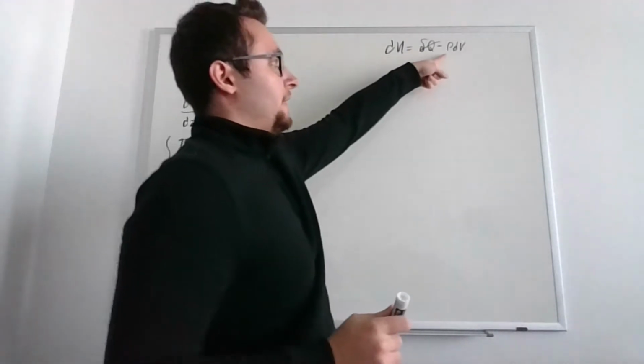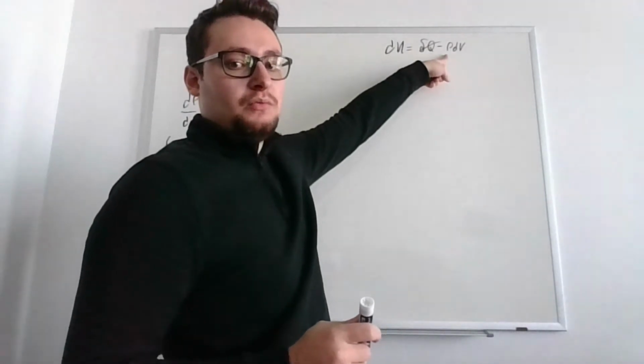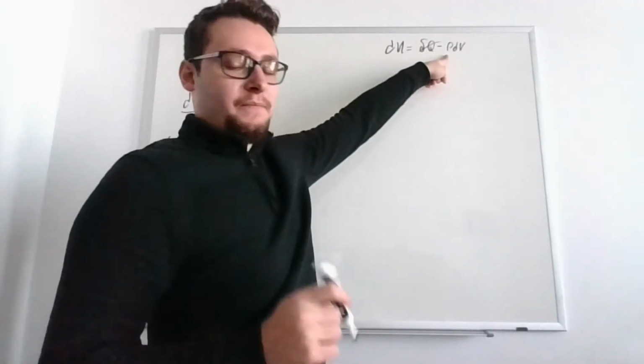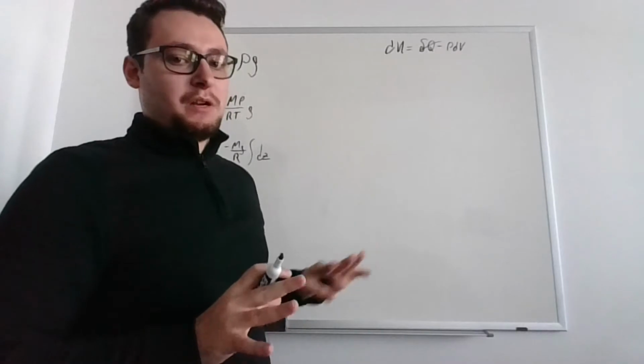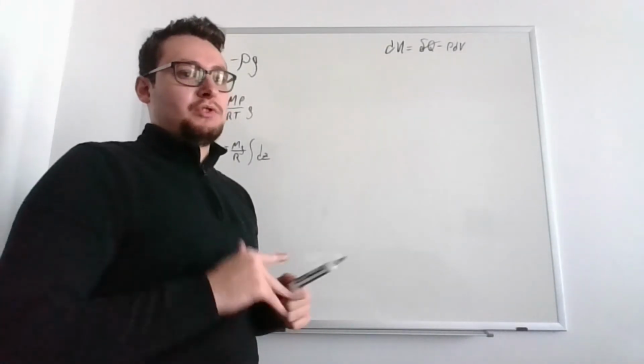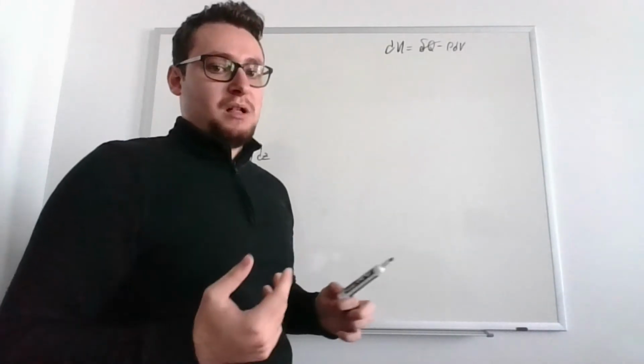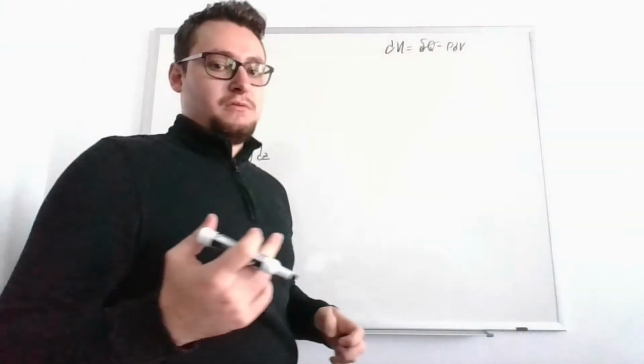Again, we know that this P can be fixed up using the ideal gas law, and that N doesn't matter because this equation is on a per mole basis, because we don't want to deal with imbalanced moles. We want that nice ratio.